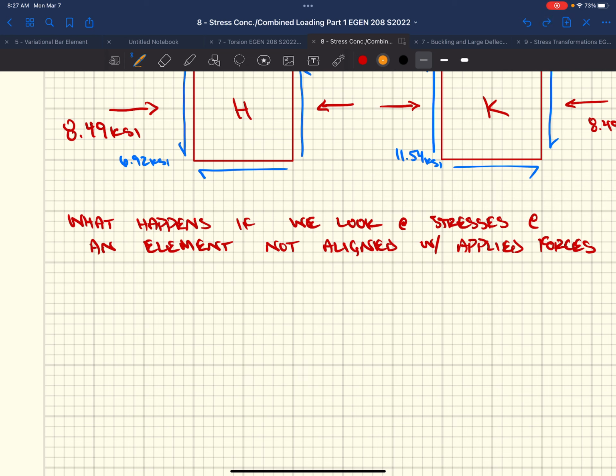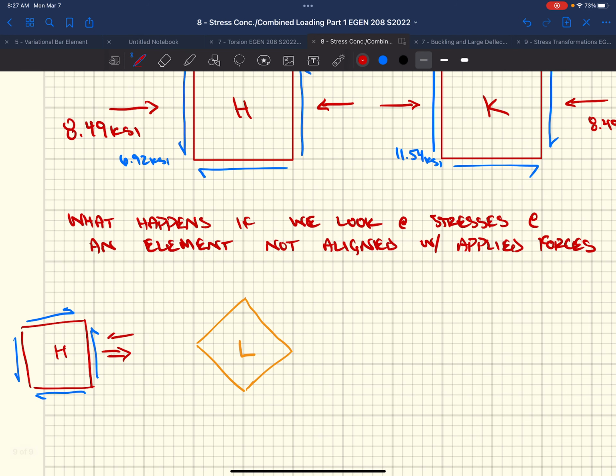Right, we wanted to look at this block L. We started with H. And now we want to look at L, right? And H, as we know, has shear stresses that do this, normal forces that do this, normal stresses that do that, right?